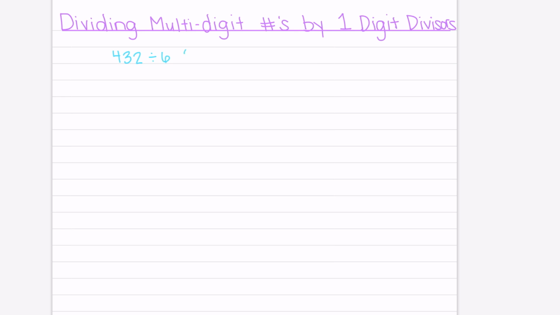The first thing I want to do is work on getting an estimate. This is going to help me as my starting point for my multiplication. So I know that 6 times 70 is going to be 420.